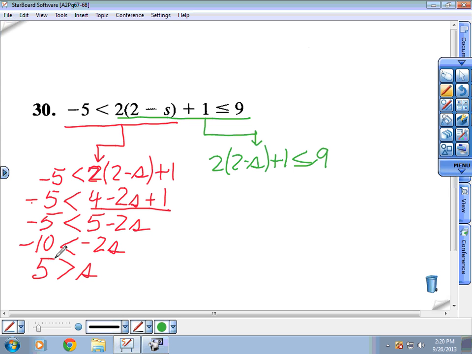On the right-hand side, I still have to distribute that 2. And I'm still going to use my commutative property to reorder, and substitution to substitute a 5 for 4 plus 1, or simplify, whichever you want to say.